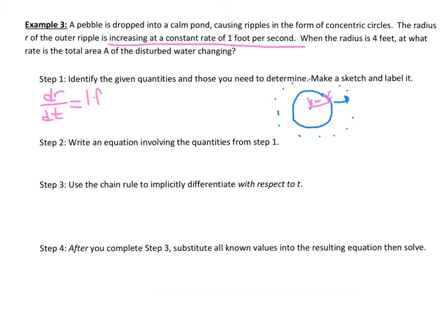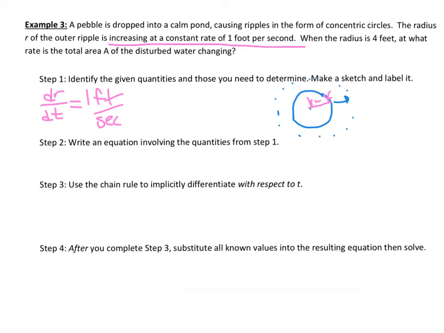That is 1 foot per second. You can tell when something's going to be over dt because the unit is over a time. So the unit's over seconds. The radius is in feet, the time is in seconds, so the dr/dt, the change in the radius over time, is in feet per second.